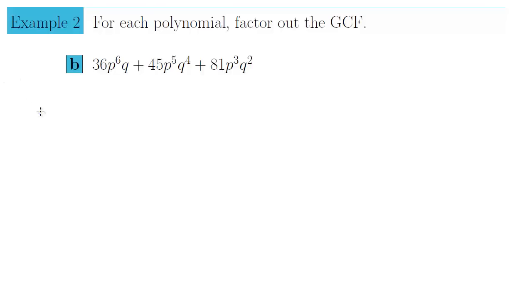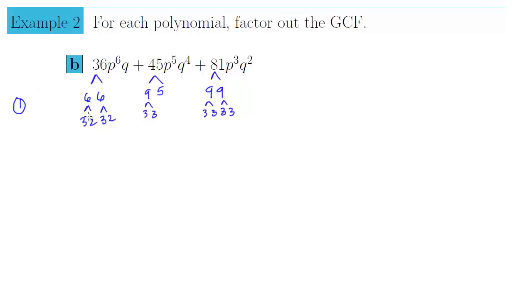Okay, so to find the GCF, I'm going to go ahead and factor down all the coefficients. Right, so 36 is 6 times 6, 3 times 2, 3 times 2, etc. Once we have the coefficients factored, we have to look for the biggest common factor.